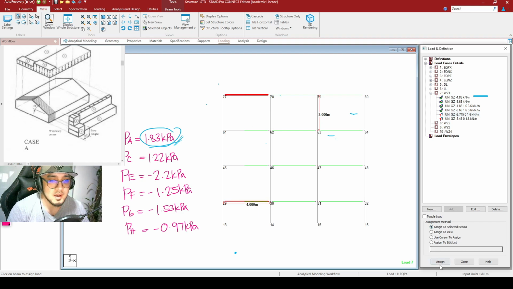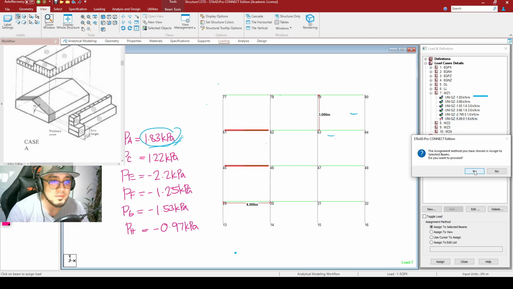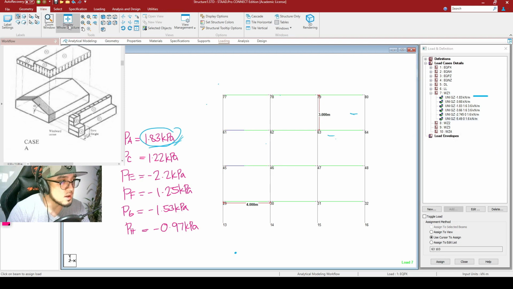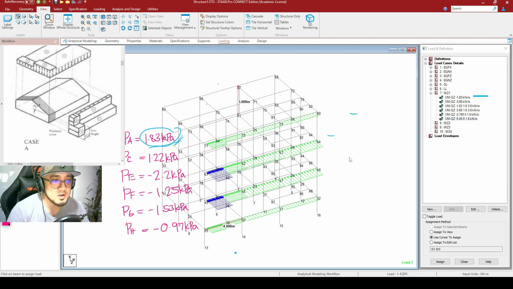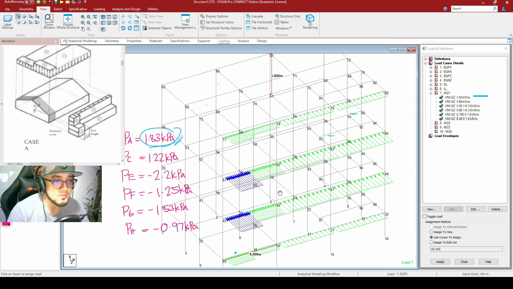So I would be clicking assign. And the ones that have a greater magnitude would be applied to the interior beams. So it would be this one right here. So assign to selected beams, then press yes. Okay, so if we would be displaying the whole structure, this is what the load would look like.